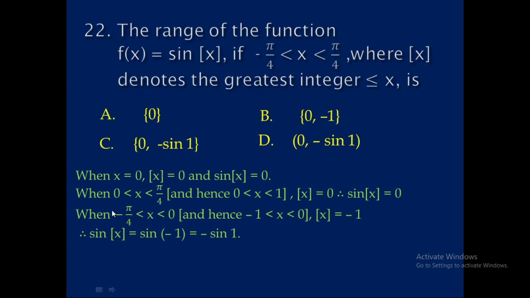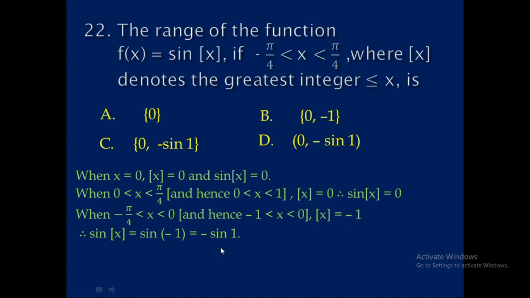Therefore, you can know that when x is greater than 0 and less than pi by 4, the image is only a single value, that is 0. And when x is greater than minus pi by 4 and less than 0, all the images are equal to minus sine 1.